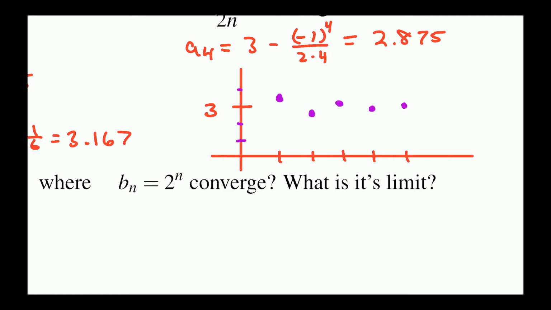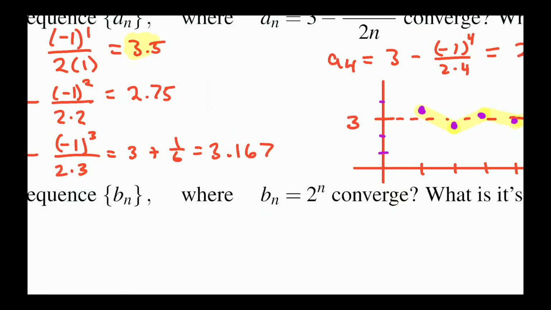And so what happens on this graph is that the numbers go from above 3 to below 3 to above 3 to below 3 to above 3. But as we go, this is 1/2 away from 3. This is 1/4 away from 3.